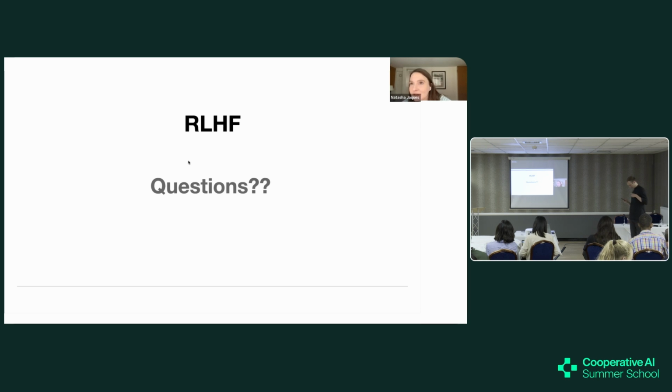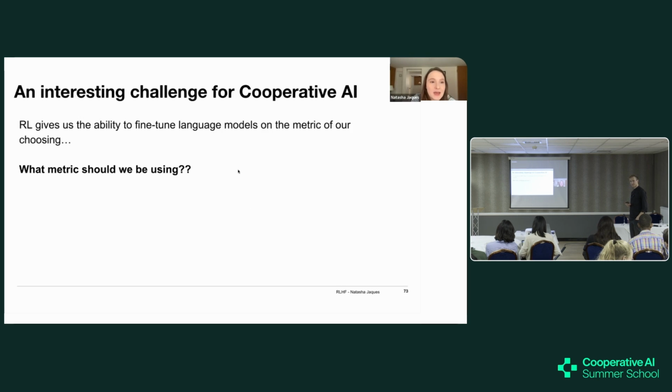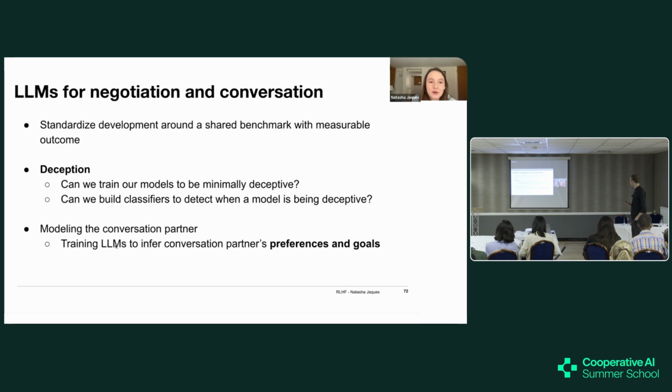So RLHF gives you the power to actually not do that. How do you parameterize not being zero-sum? The answer I would give off the top of my head is if you could infer the conversation partner's preferences and goals, then you might add some incentive to optimize for them a little bit. Now you can really do something more like optimizing for joint utility.